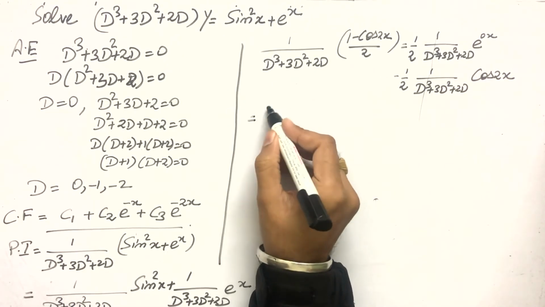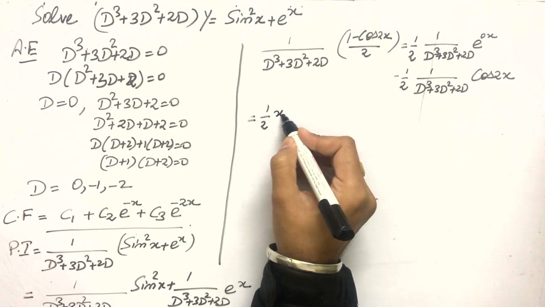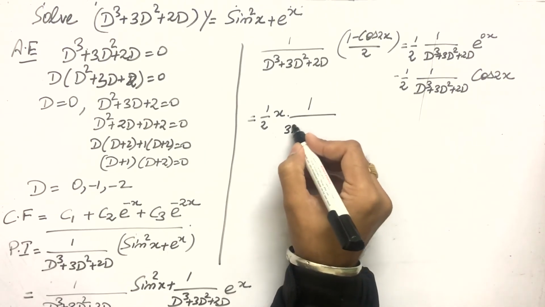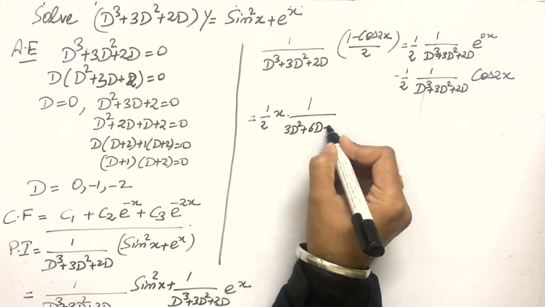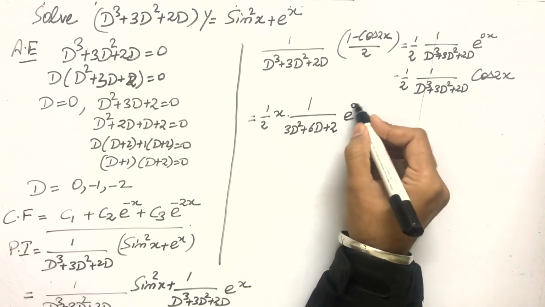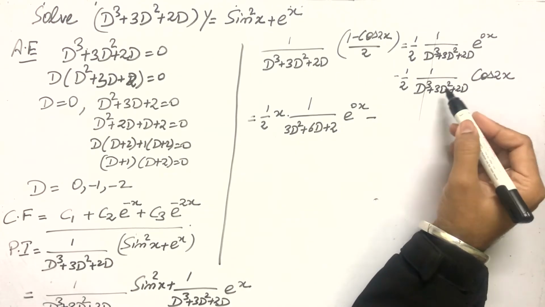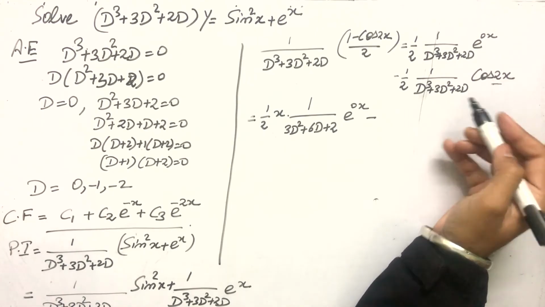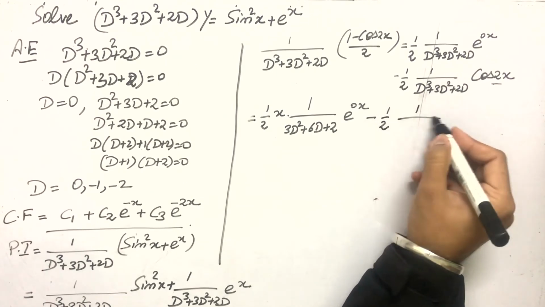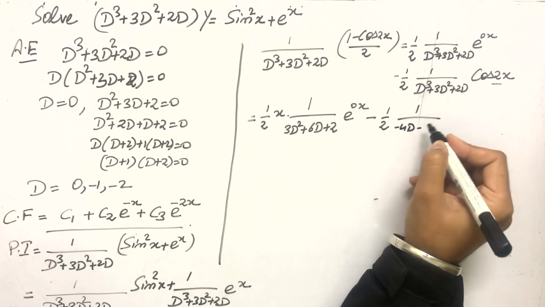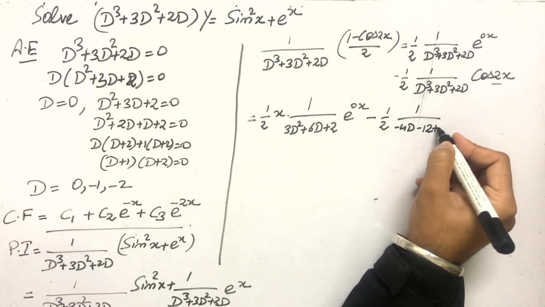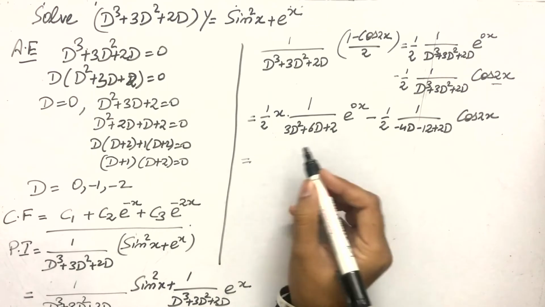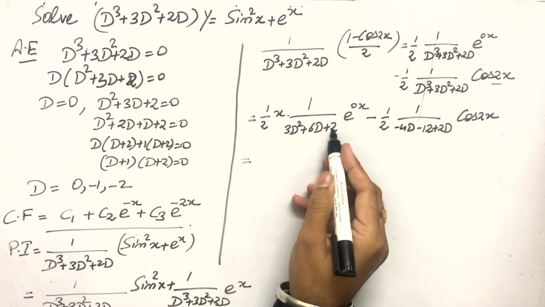Let us write it here, 1/2 x, and the derivative of the denominator is 3D^2 + 6D + 2, of e^(0x), minus, and when we put the value of D^2 here, what value do we put? Minus 4. So here we have -4D, and here -12 + 2D, of cos 2x, and here again we put D = 0, so we are left with 2 only.